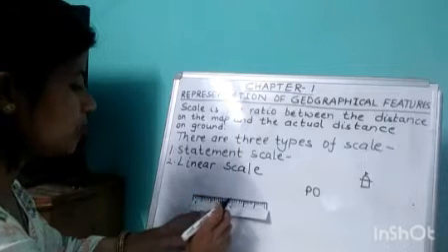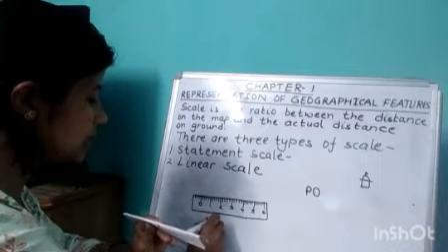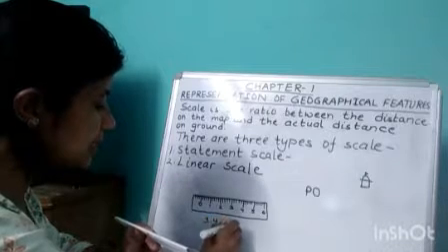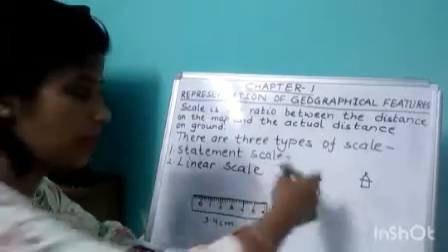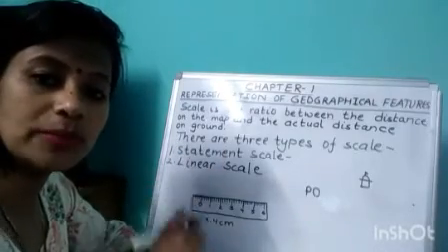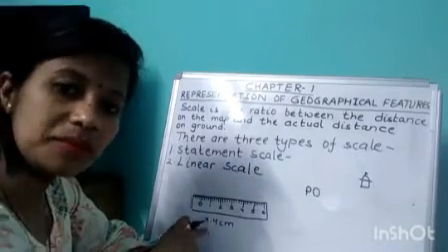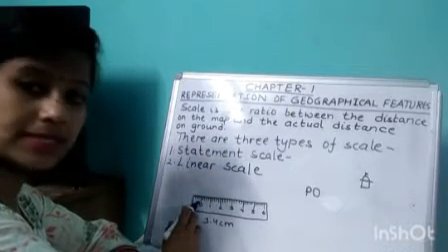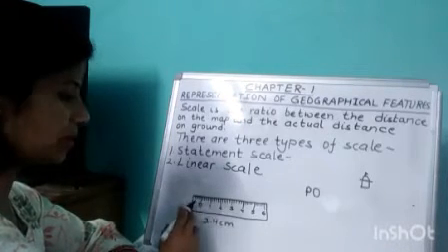The distance between two places is 3.4 centimeter on the map. So the distance between these two places is 3.4 centimeter. This is called primary scale, and this is secondary.